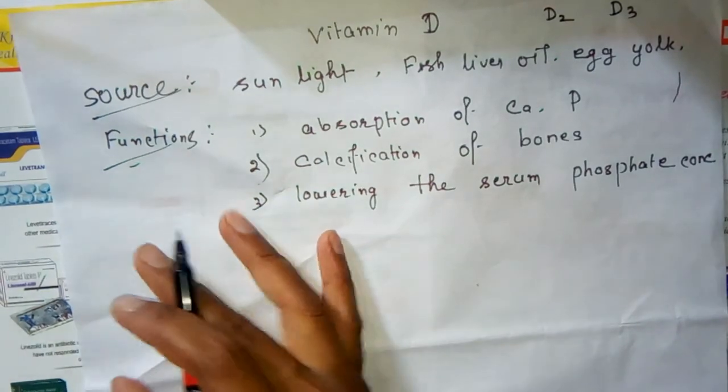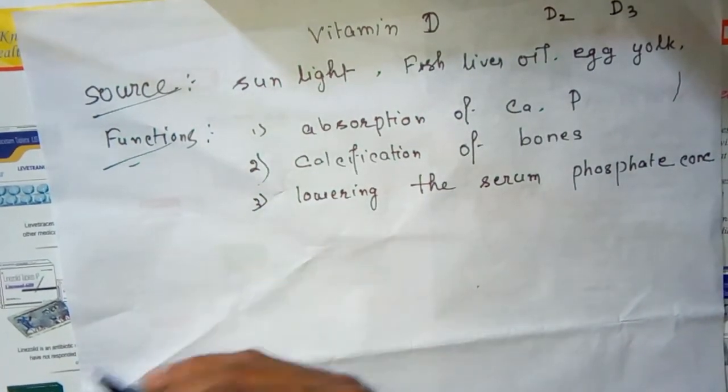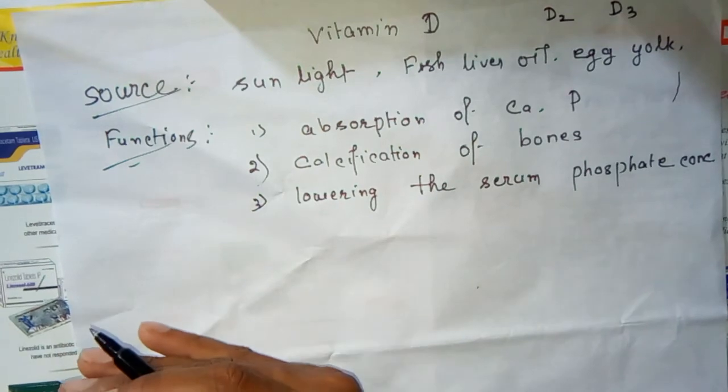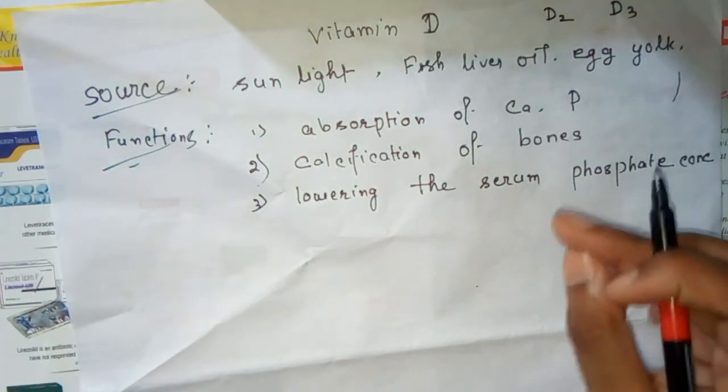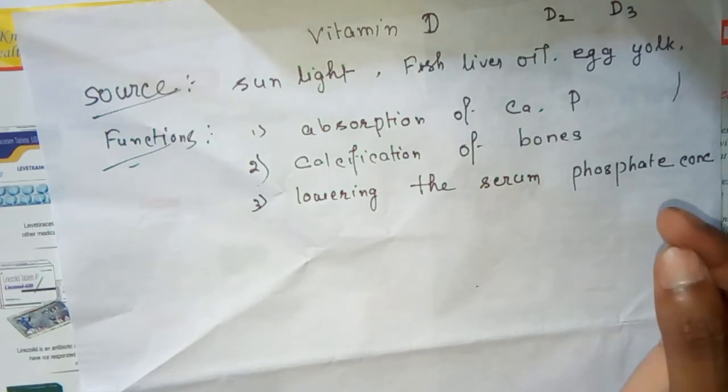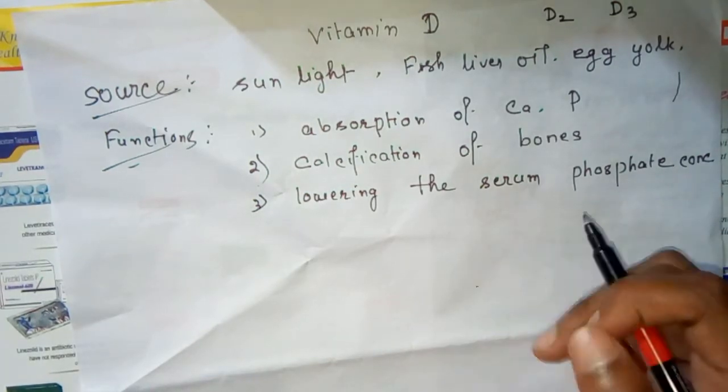So that's function number three. It lowers the serum phosphate concentration by increasing the excretion of phosphate by the kidney.